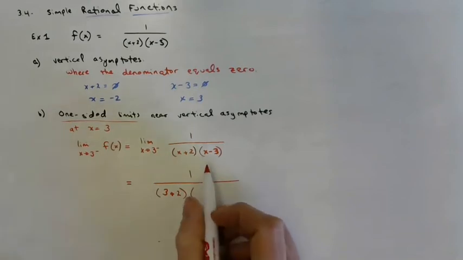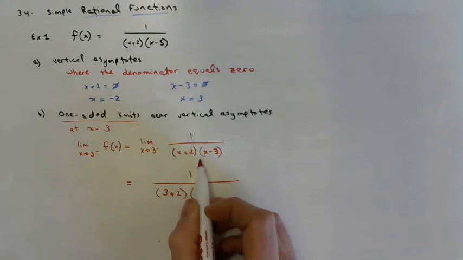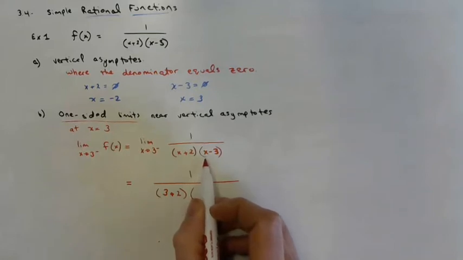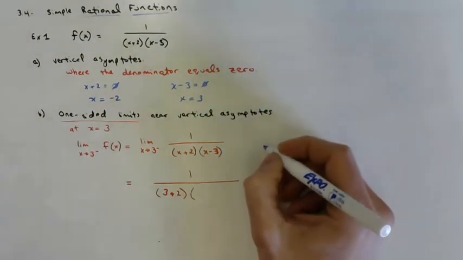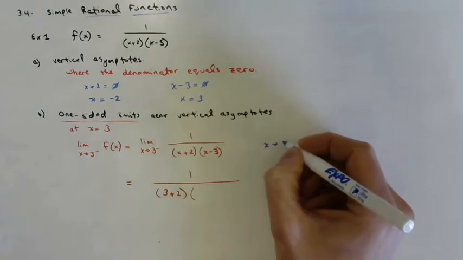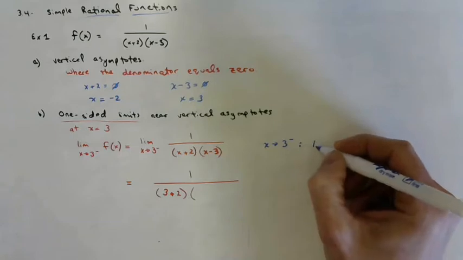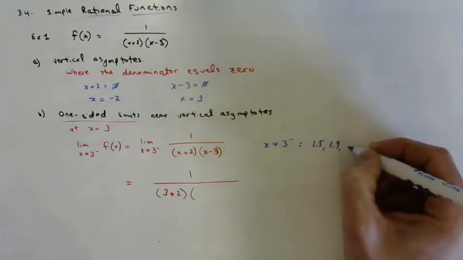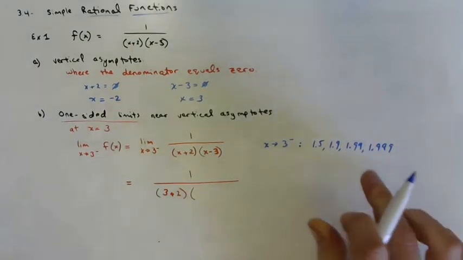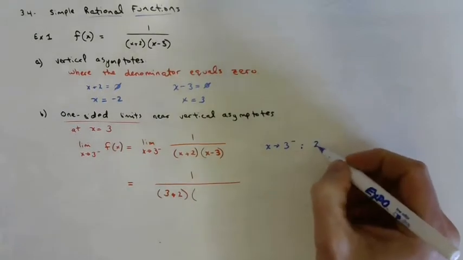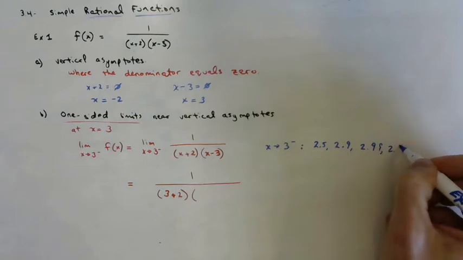But here, as x approaches 3 from the left, you're at 2.5, 2.9, 2.99, 2.999.